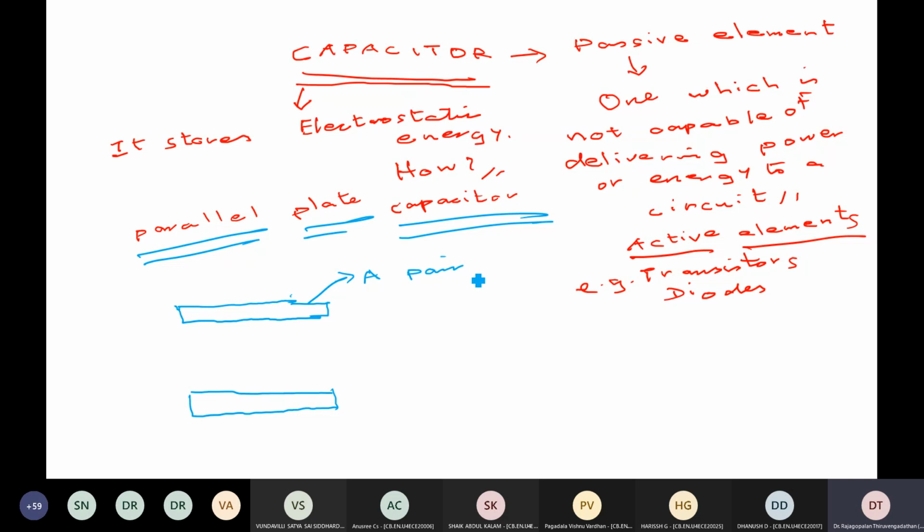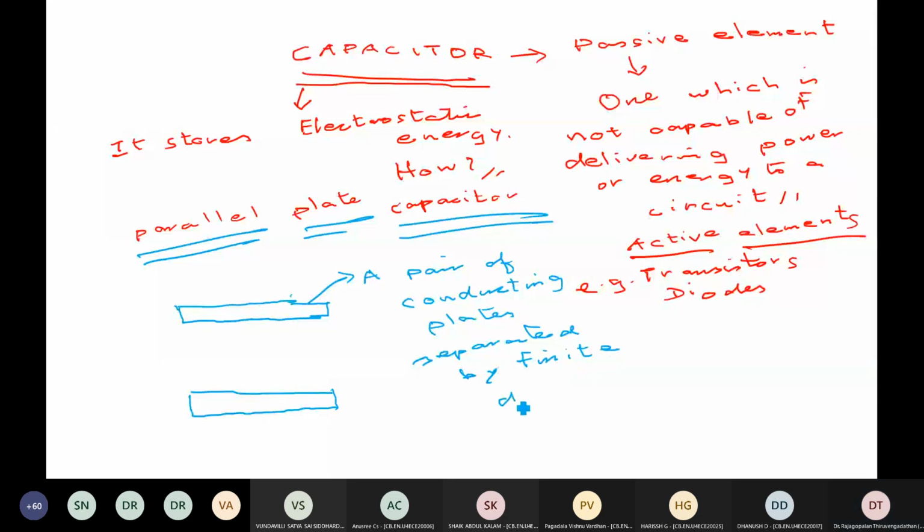A capacitor geometry is nothing but a pair of conducting plates separated by a finite distance. I might specify this as D. Are you able to see my screen? Yes, sir. Okay. So this is a cross section of a capacitor.